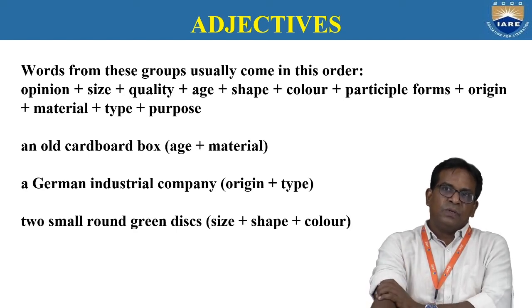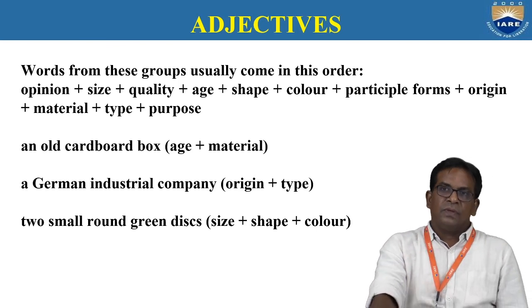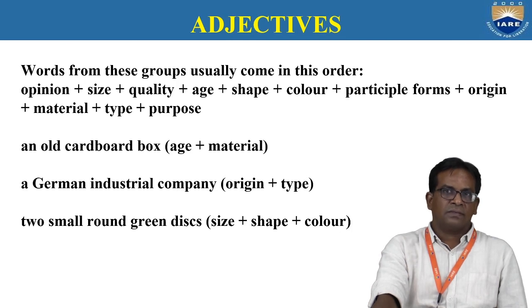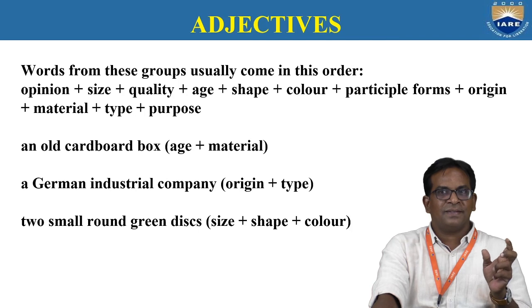Words from these groups usually come in this order. Opinion, size, quality, age, shape, color, origin, material, type. An old cardboard box: age, material. German, industrial company: origin, type. Too small, round, green: size, shape, color.